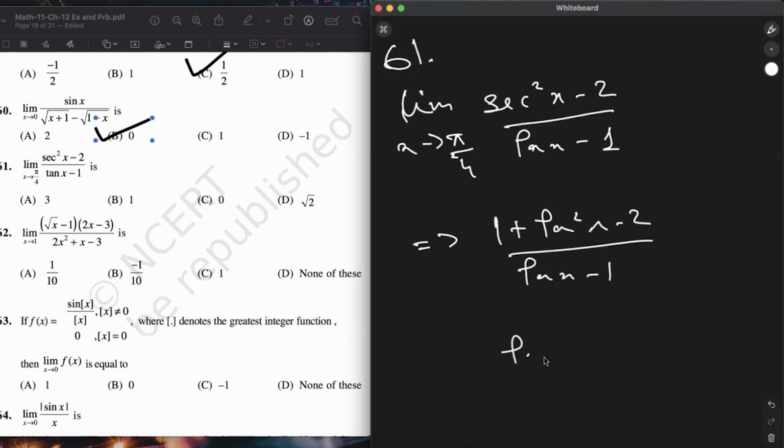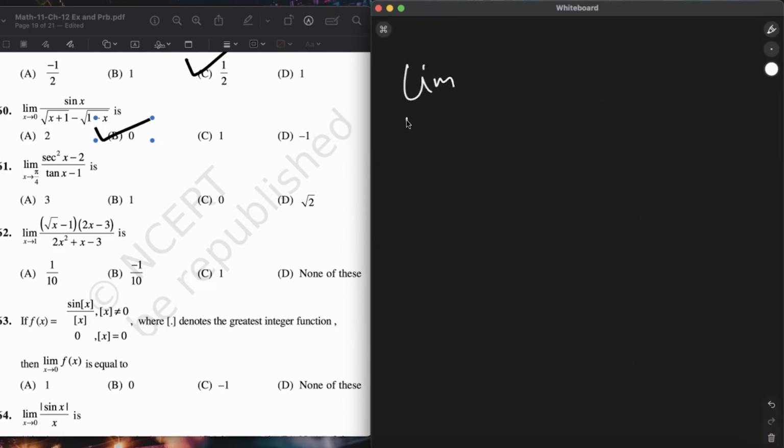So it can be written as tan square x minus 1 divided by tan x minus 1, which can be written as tan x plus 1. Because tan x minus 1 and tan x minus 1 will get cancelled out simply. The limit was x tending to pi by 4 and here I'm left with tan x plus 1. So 1 plus 1, 2.